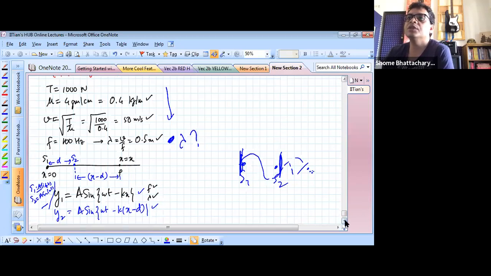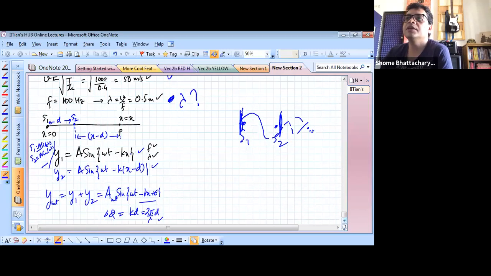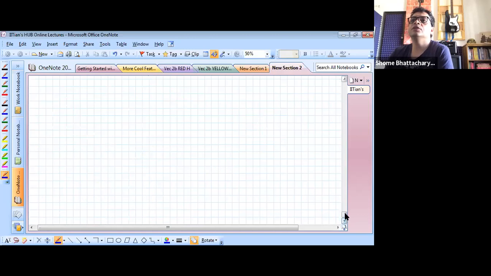So they are developing a phase difference. If you compare this argument of the function with this argument, you can see the phase difference is becoming k into d. So that's 2 pi by lambda into d.